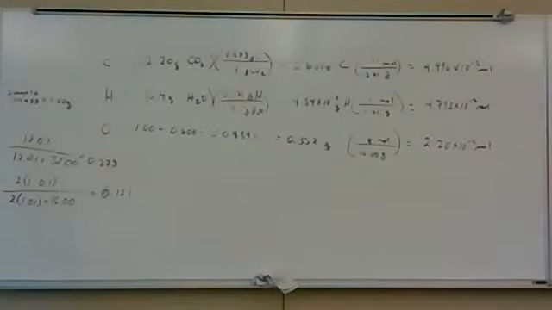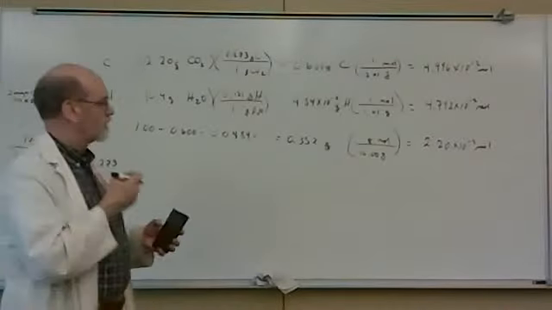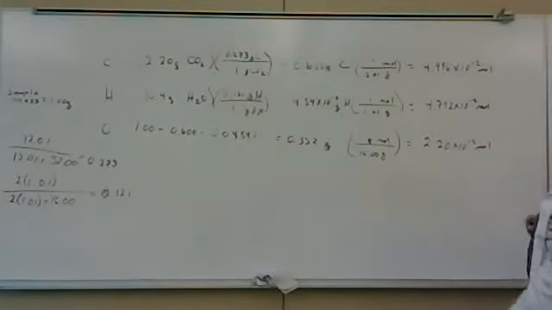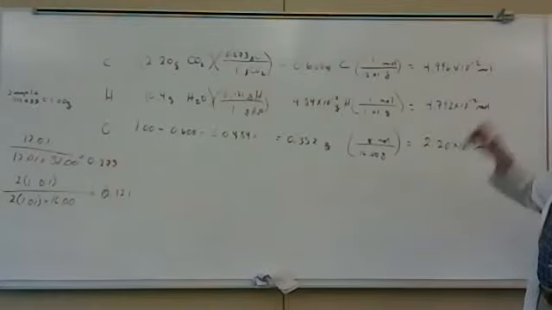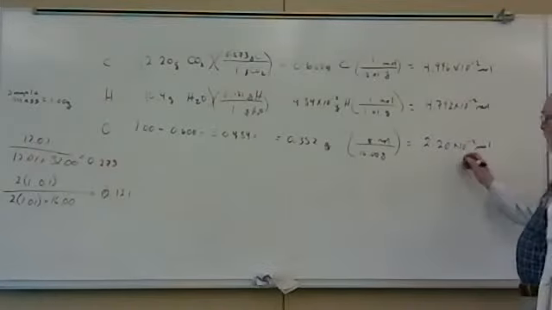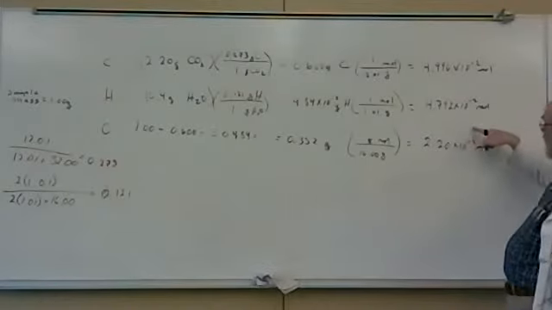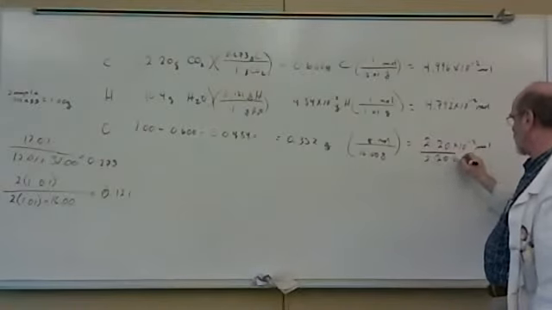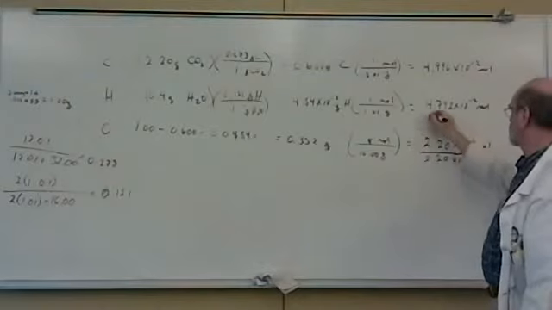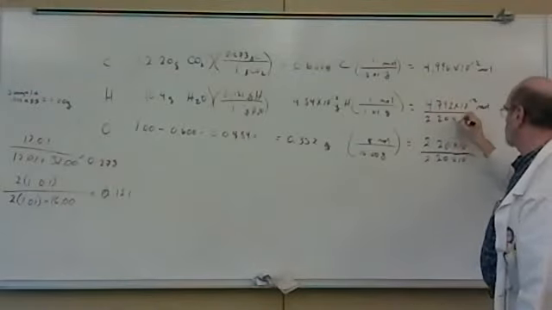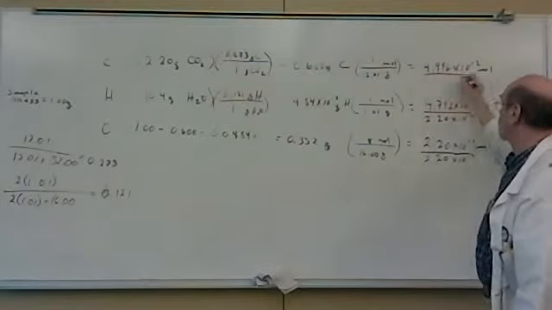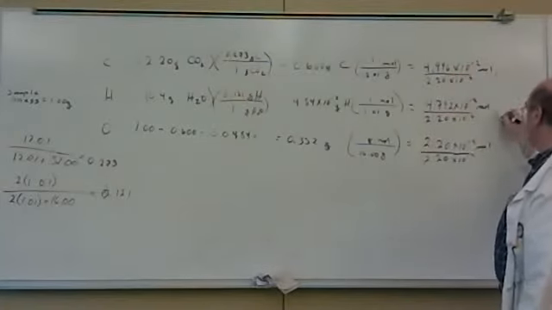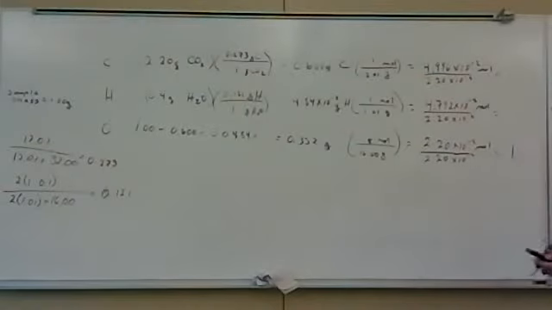And the simplest way to convert it is to take the smallest number and divide through the whole thing by that. So this is the smallest one. They're all to the minus 2. So we divide through by 2.20 times 10 to the minus 2, and see what we get. Well, that was 1, obviously.